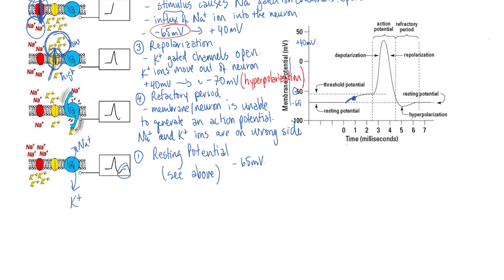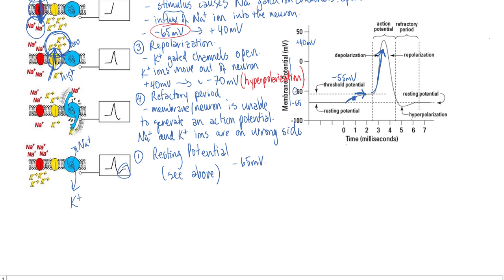So a very, very small stimulus may not lead to an action potential. We'll see that it's actually a cumulative effect of stimuli that eventually, once a threshold is achieved, and the threshold is generally around minus 55 millivolts, that just triggers sodium gates opening, like opening up the floodgates, and then an action potential is generated.